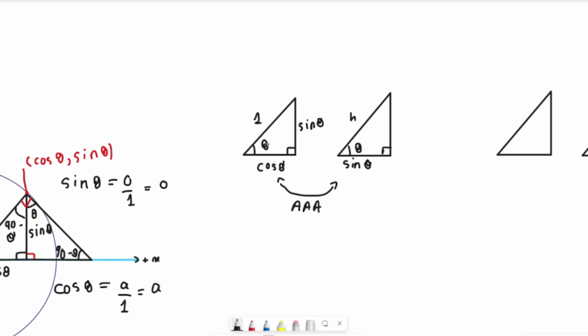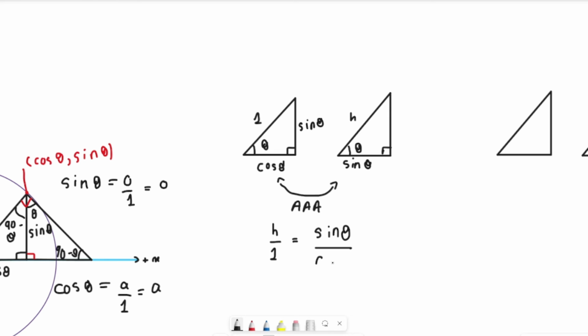So I can safely say, by using the ratios of similar triangles, I can say that h over 1, which is the hypotenuses of both of the triangles, and sine theta over cosine theta, which is the ratio of the adjacents of both of the triangles.